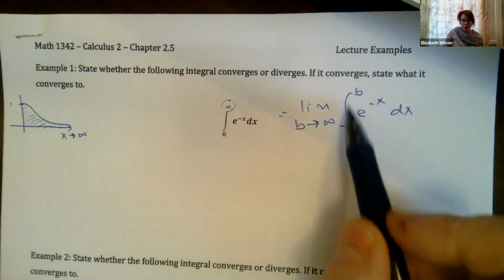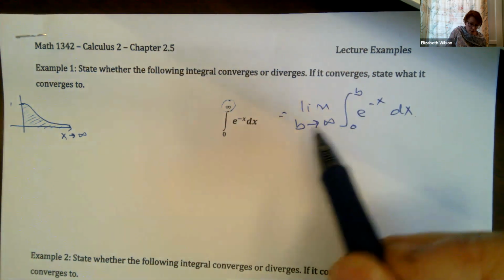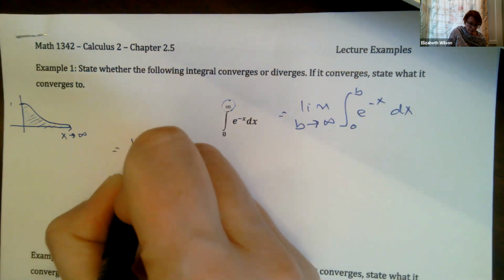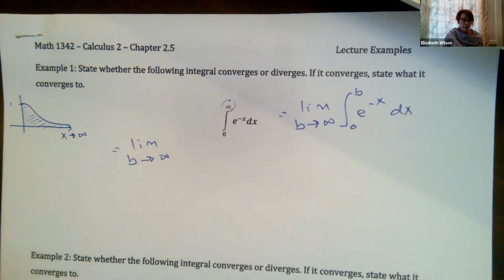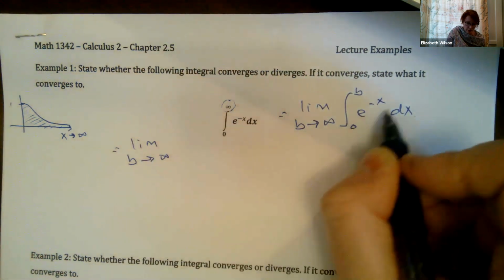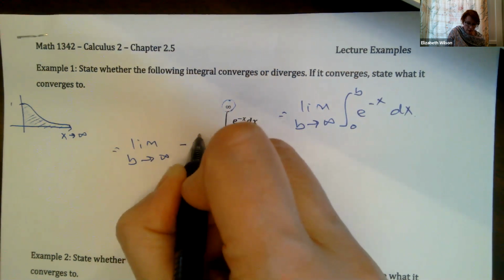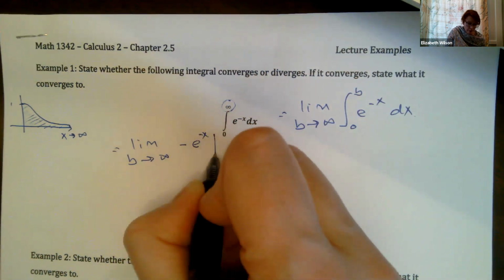I don't need plus c because I've got bounds on it, okay? So this is going to integrate to the limit as b goes to infinity. Don't forget, you're carrying your limit through until you are done evaluating. So the limit now is a part of your problem. When I integrate this, I'm going to get minus e to the minus x, and I'm going to evaluate this from 0 to b.